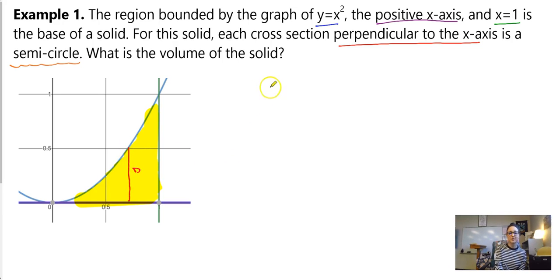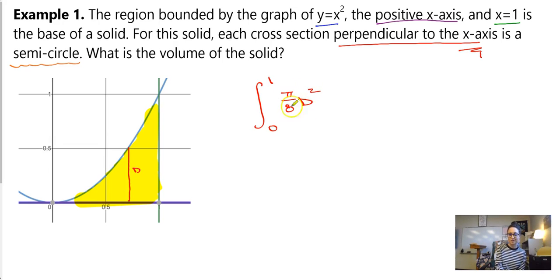So here's my diameter, and then it's going to pop out of the screen and then come back here. What I want to do is sum up an infinite number of little diameters. Since everything's going to be in terms of x, take a look at the domain of the yellow section. The yellow section goes from x equals 0 to x equals 1. I'm going to sum up a whole bunch of semicircles, and the formula for a semicircle, if you look at your notes, should be pi over 8 times diameter squared.